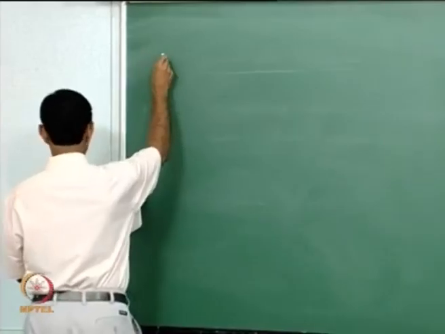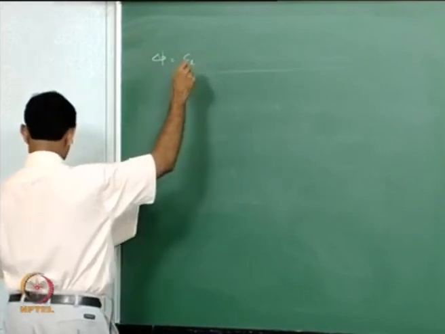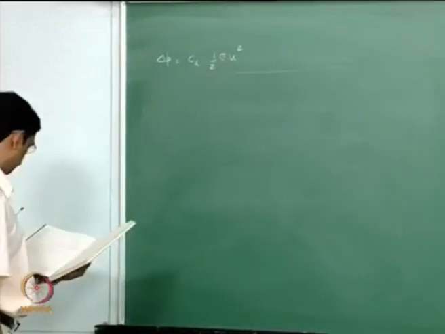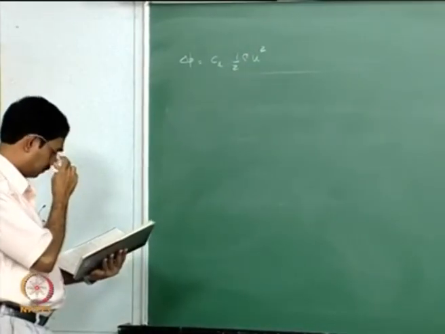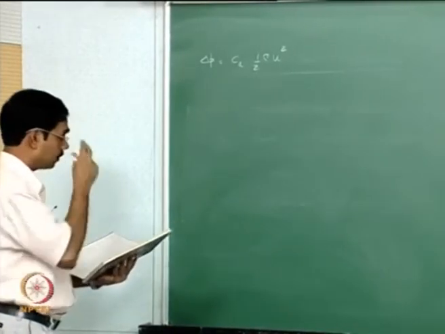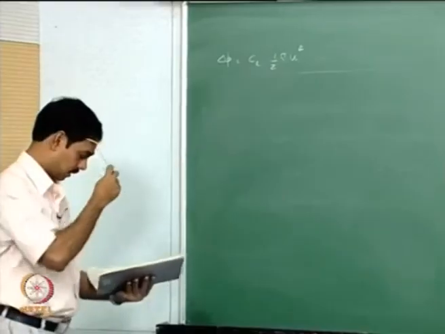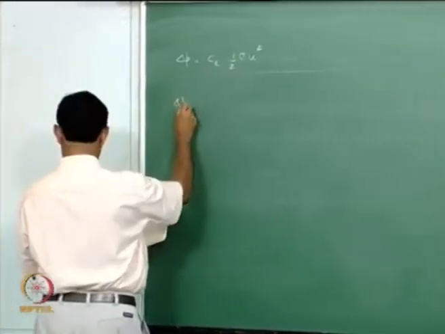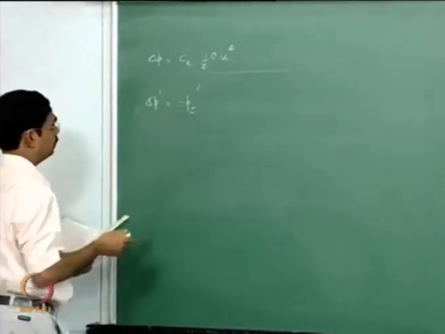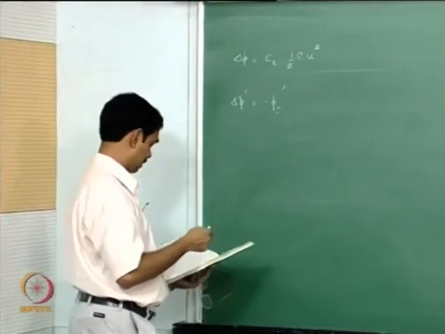So C_D is the discharge coefficient, and for low speed flows you can write this formula. Delta P prime is like minus P_A prime, neglecting the fluctuations in the pressure in the fuel line.